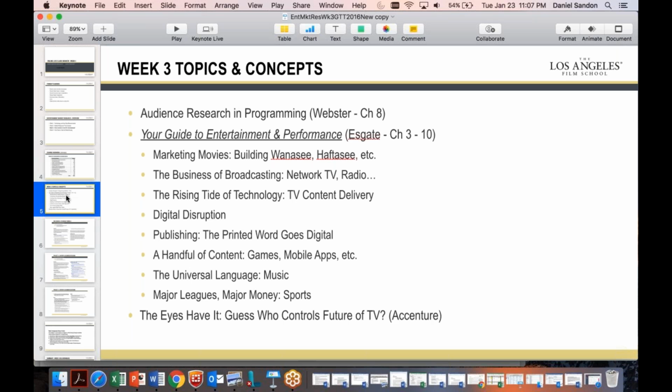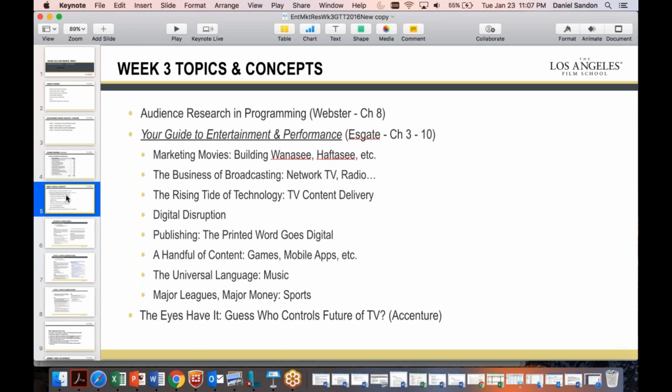So those give you a feel for the development work that's done and the marketing of these different areas of the entertainment industry. And then finally, there's an article here by a company called Accenture, which is one of the big consulting firms that works with a lot of big companies and industries and looks at sort of the future.